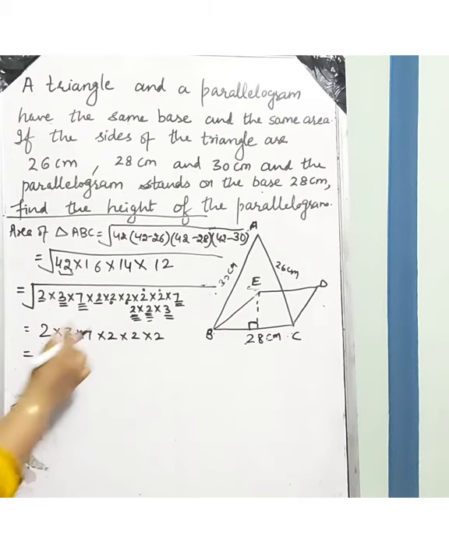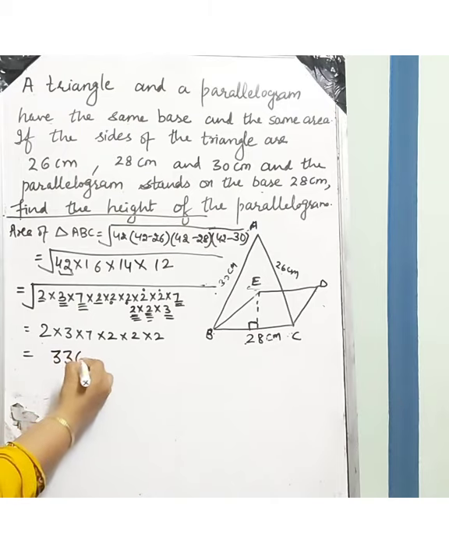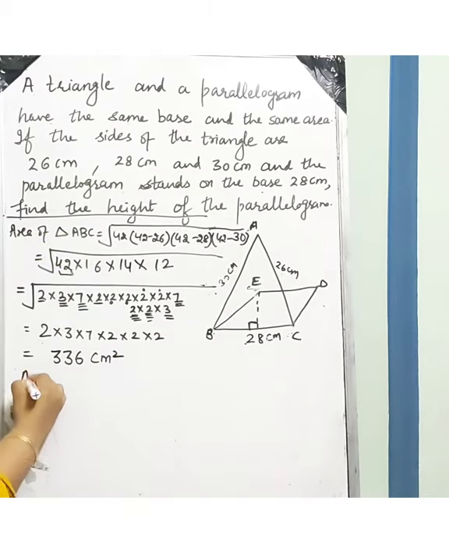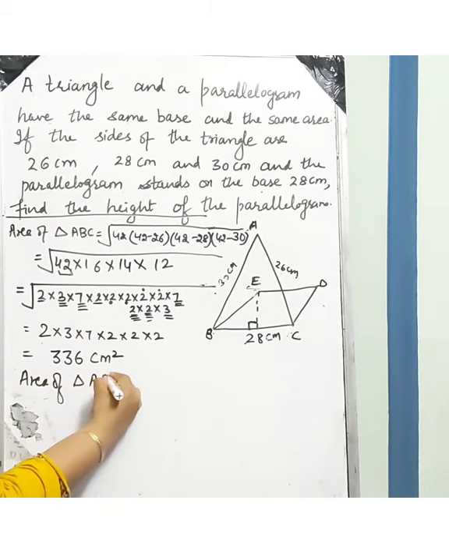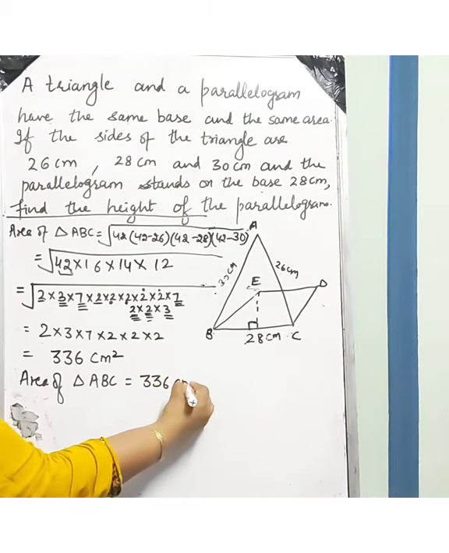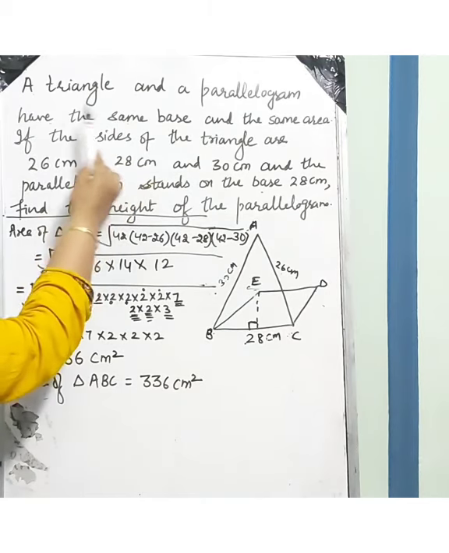Now multiply these numbers. The product will be equal to 336 centimeter square. In this way, we have calculated the area of triangle ABC equal to 336 centimeter square. Now read the next step.